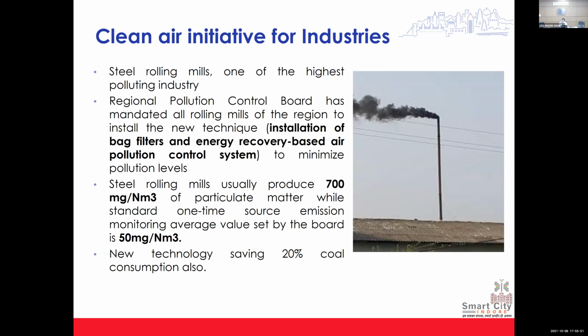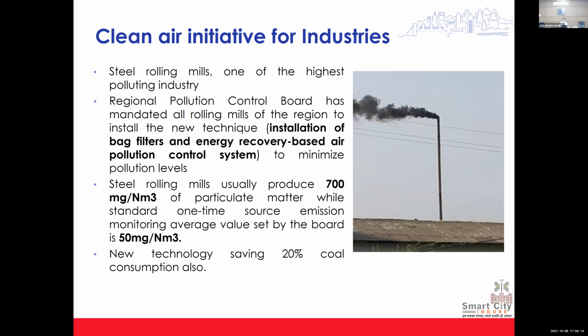There are many steel rolling mills in Indore, and they were a source of real black pollution, as we can see in these chimneys. So the initial data says that there was around 700 milligrams per normal cubic meter of particulate matter that was emitted before these interventions took place.